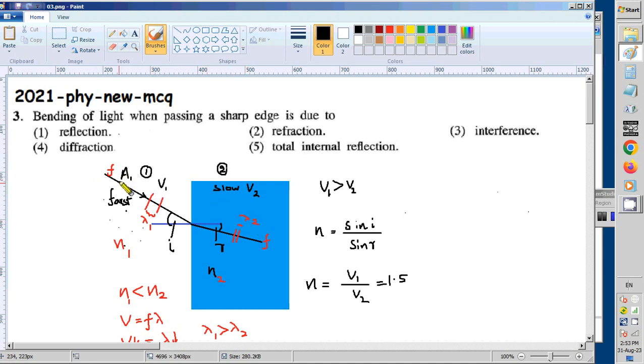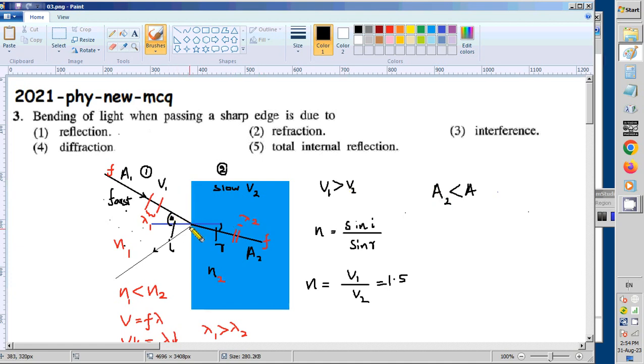We also have to discuss the amplitude. If we say A1 here and A2 here, there is always a partial reflection. A small amount of the ray reflects from the point of incidence. Therefore amplitude A2 is smaller than A1, depending on the angle.